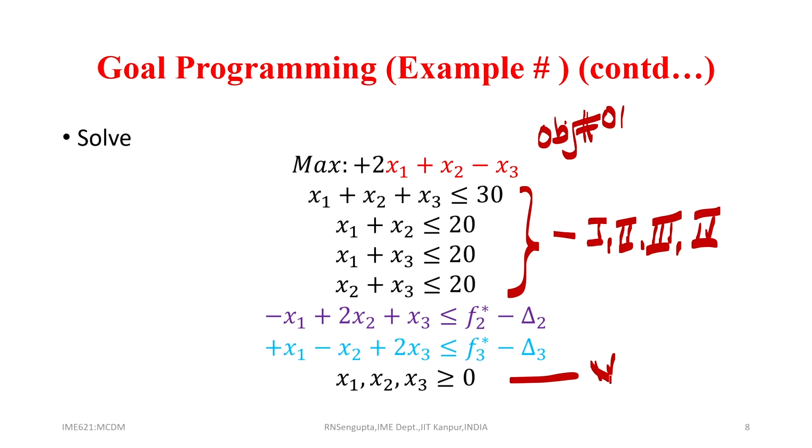The fifth is here, and the sixth and the seventh, which are the additional ones corresponding to objective function 2 and objective function 3, are shown in the corresponding colors: the sixth in violet and the seventh in blue. They are less than or equal to F2 star and F3 star respectively, and the objective function is to be maximized. So, we will consider them accordingly.